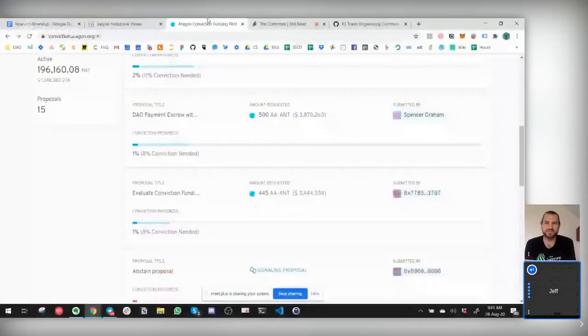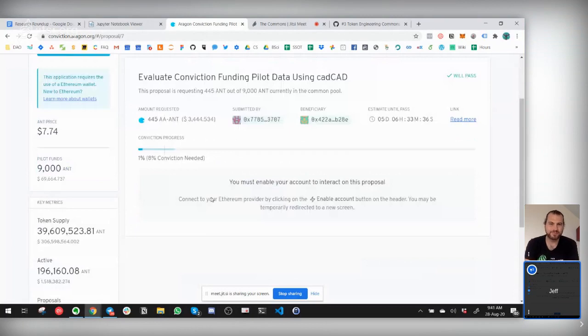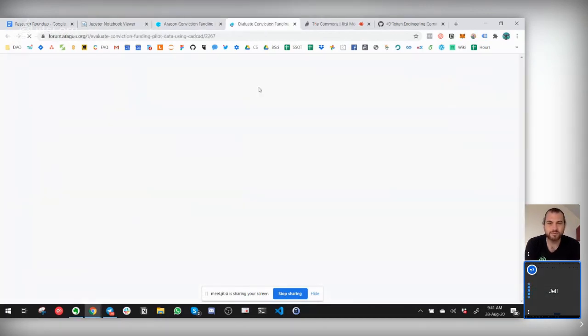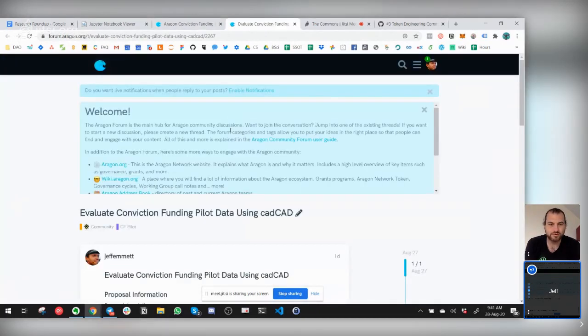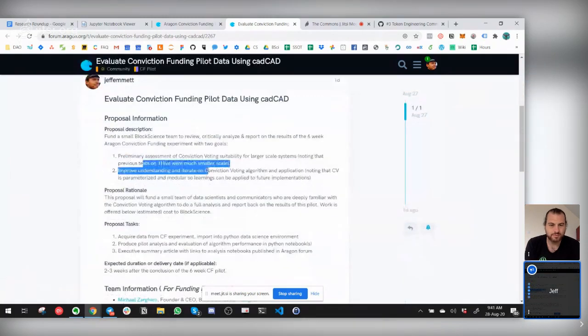in the conviction funding pilot. And if you have any SANT, there's one proposal that's projected to pass, which we'll be carrying out with Michael Zargham and Andrew Clark, to evaluate the funding pilot using cadCAD itself. Basically, we're going to do a retrospective on the experiment using cadCAD, checking how did it work, where did it fail?